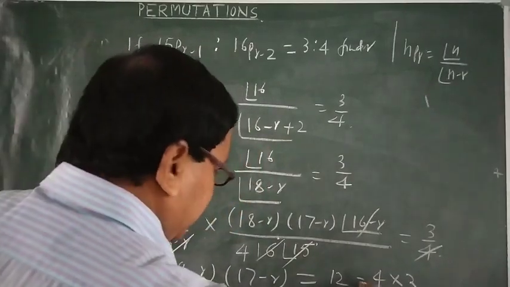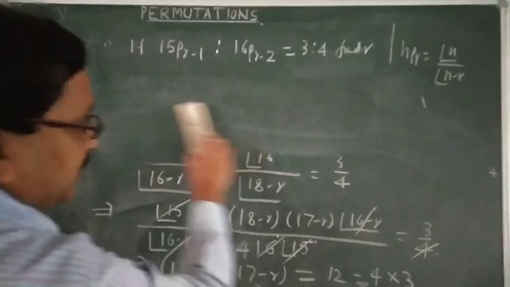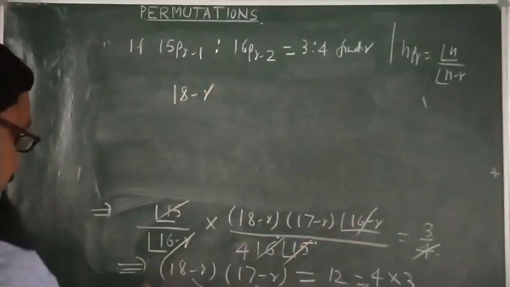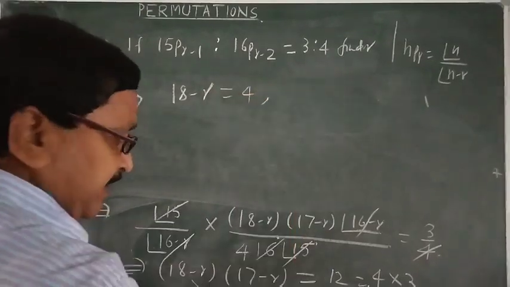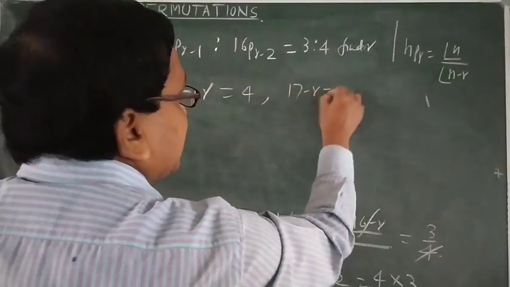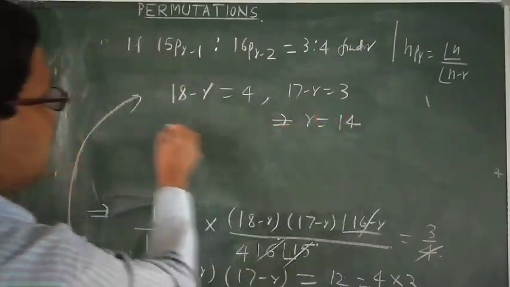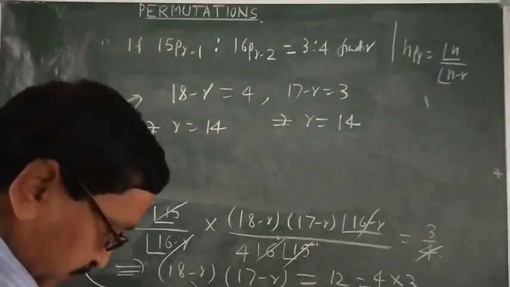So by comparison, 18 minus r is equal to 4, and 17 minus r is equal to 3. This gives r is equal to 14. So r is equal to 14 is the answer.